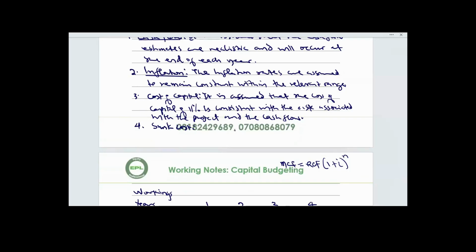Therefore, I would then say the development costs of 8 million naira and the market survey, market research costs of 2.5 million naira are sunk costs and therefore not relevant to the calculation.